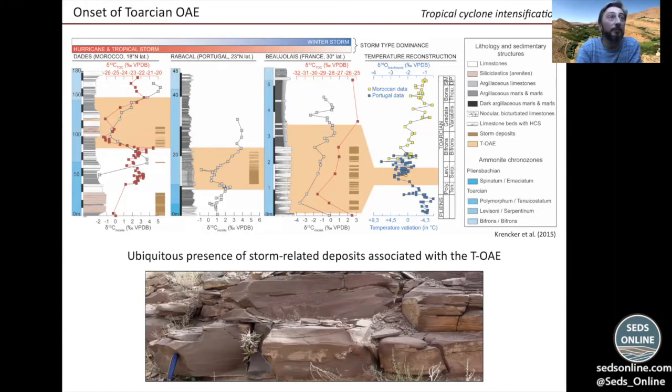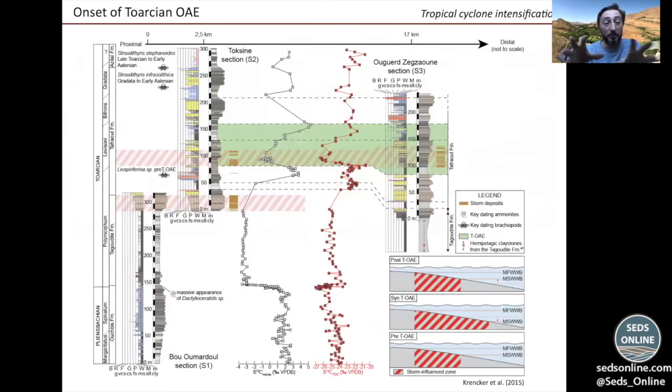We can see that in Morocco, in Portugal as well, or in France, in Bajocian. There is always this insight that there is a lot of storm deposit associated with the Toarcian oceanic anoxic event, also in Japan, for instance, in more recent publications. But in Morocco, we can track that.